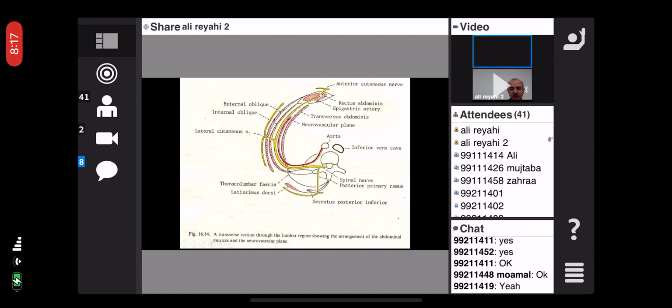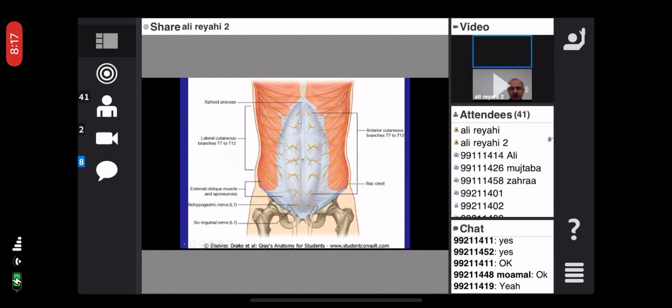This is the pattern for this nerve. Here you can see the anterior cutaneous nerve at the surface of the rectus muscle, and all of these are lateral cutaneous branches of the lower 6 nerves.